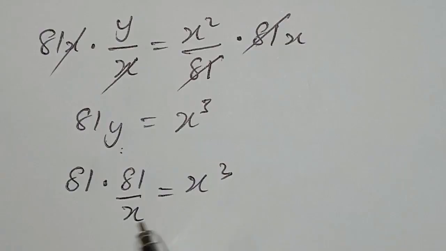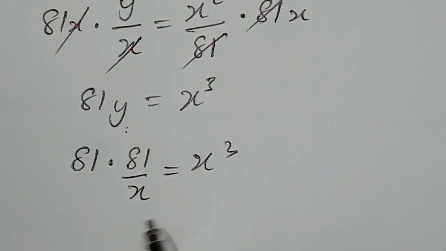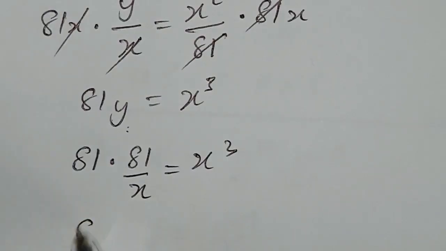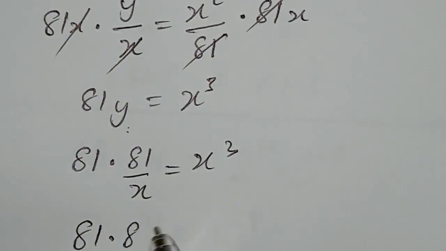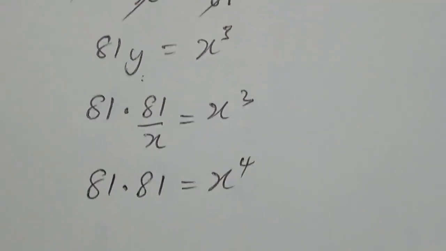If we multiply both sides by x, it will eliminate the x at the denominator on the left hand side. We now have our next step: 81 multiplied by 81 equals x to the power of 4.